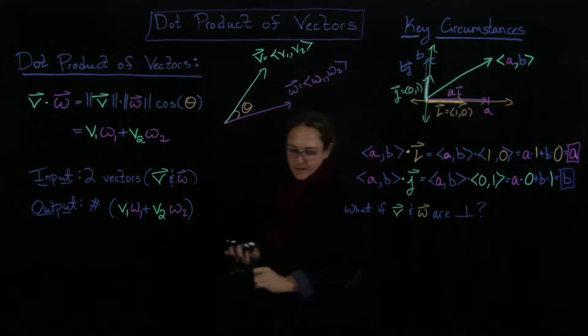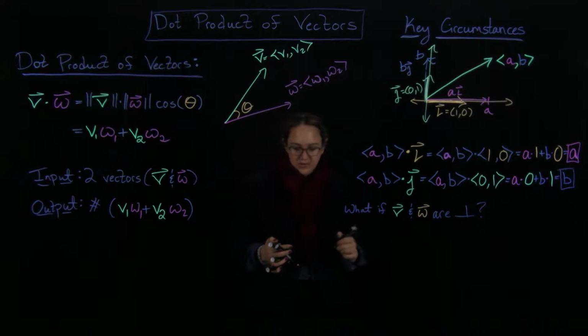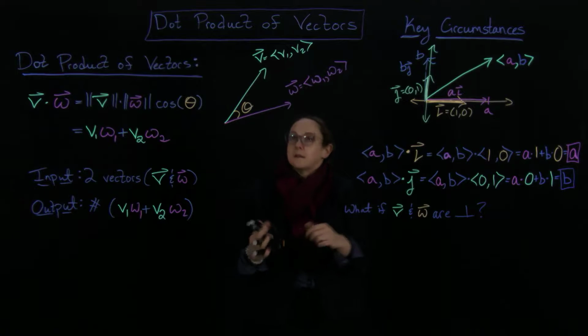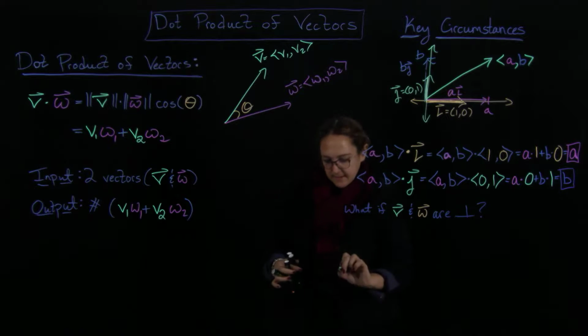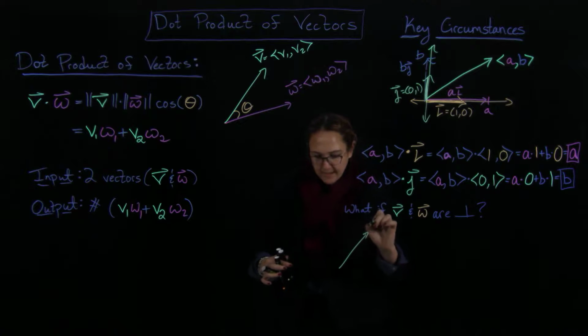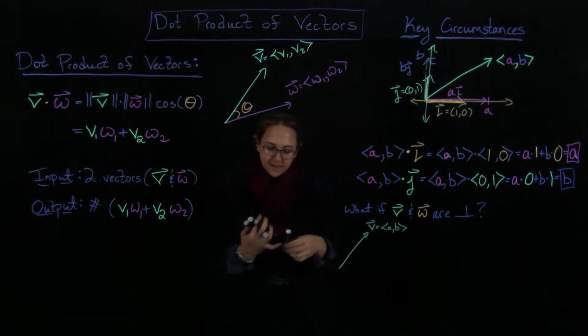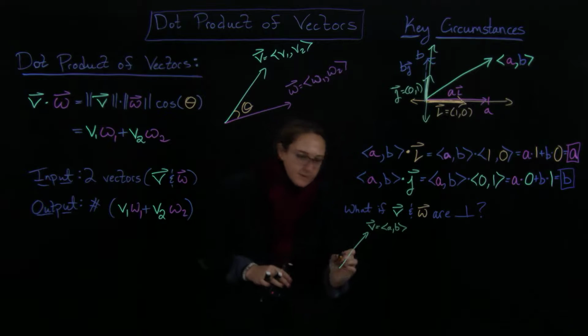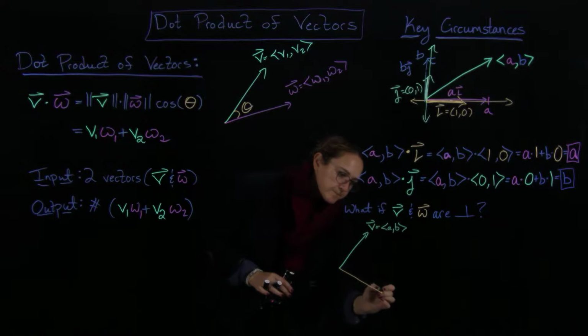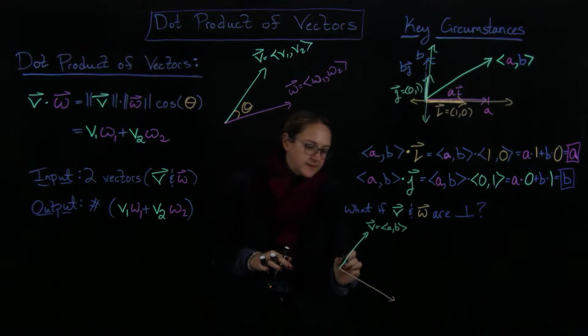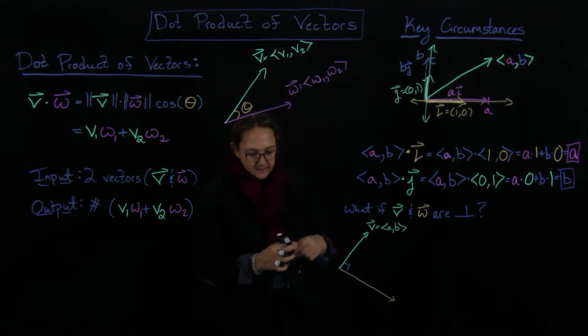Here's an example. Maybe V is equal to A, B. And then my W, well, we kind of know what perpendicular lines in the plane look like, and it's the same kind of idea here.